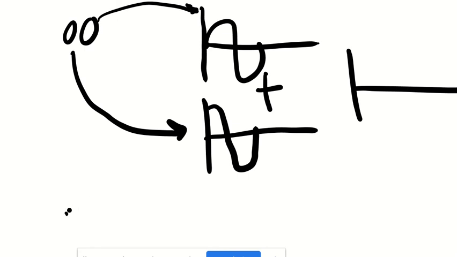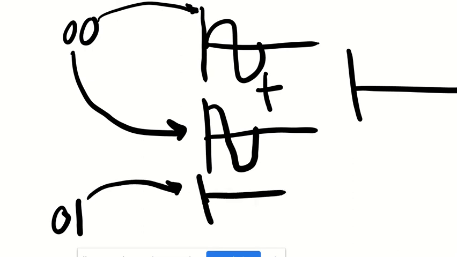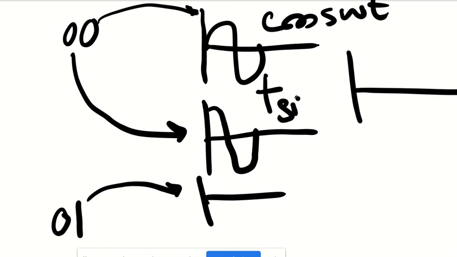And then, for example, 0, 1. So 0 is cosine of omega t, and this is sine of omega t. If you remember, 1 should have 180 phase shift with cosine, right?